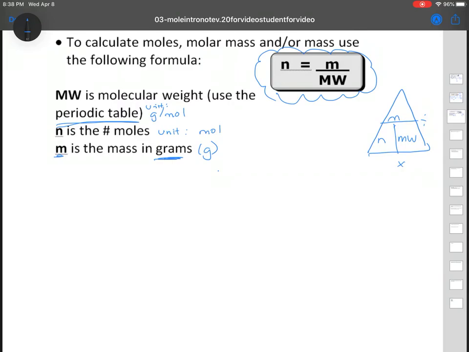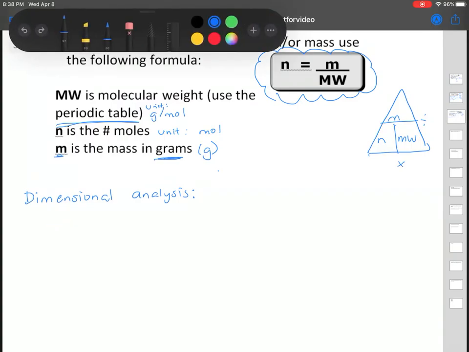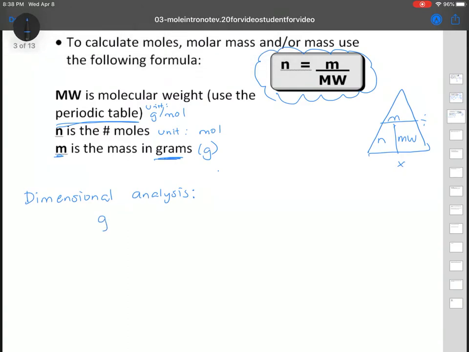Okay, so this is a pretty straightforward formula. For dimensional analysis, if you have mass and you're going to divide by grams per mole, then really what you're doing is you have to invert and multiply.